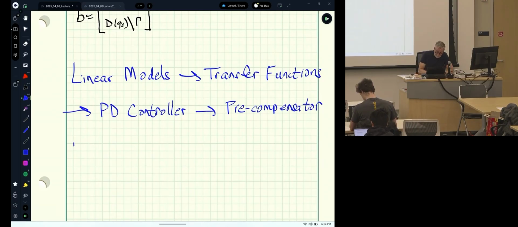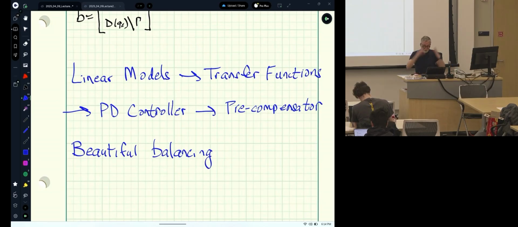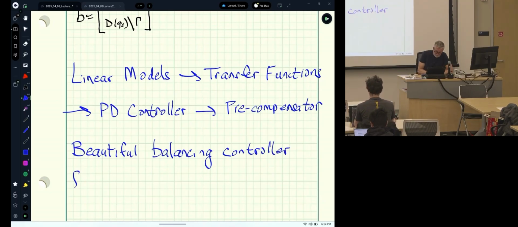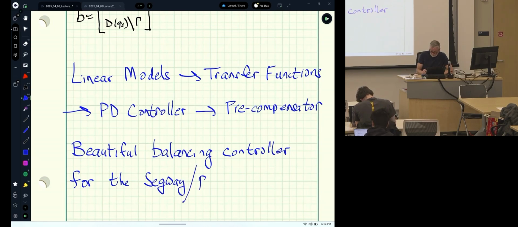And you will have a beautiful balancing controller for the, well, you'll do it for the ball bot. So the book does everything for the Segway, and you do it for the ball bot.